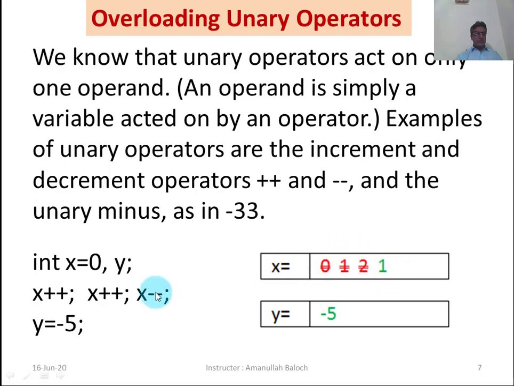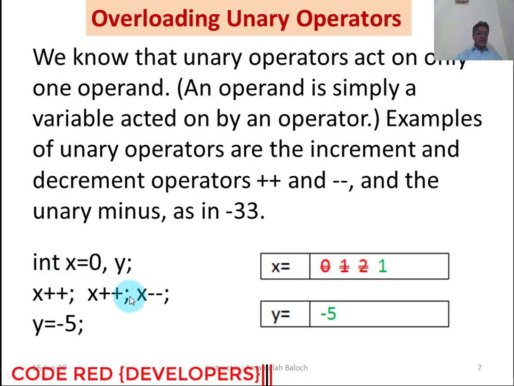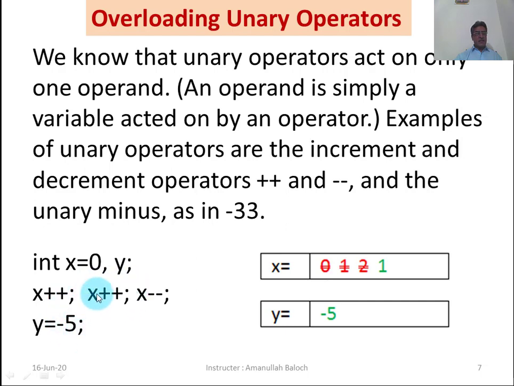When we assign the value minus 5 to y, 5 is a positive digit, and this minus is transforming or converting it into negative form, and then we assign the value to y; y becomes minus 5. This is actually how the increment and decrement operators, and also the minus operator, perform operation on a single operand.